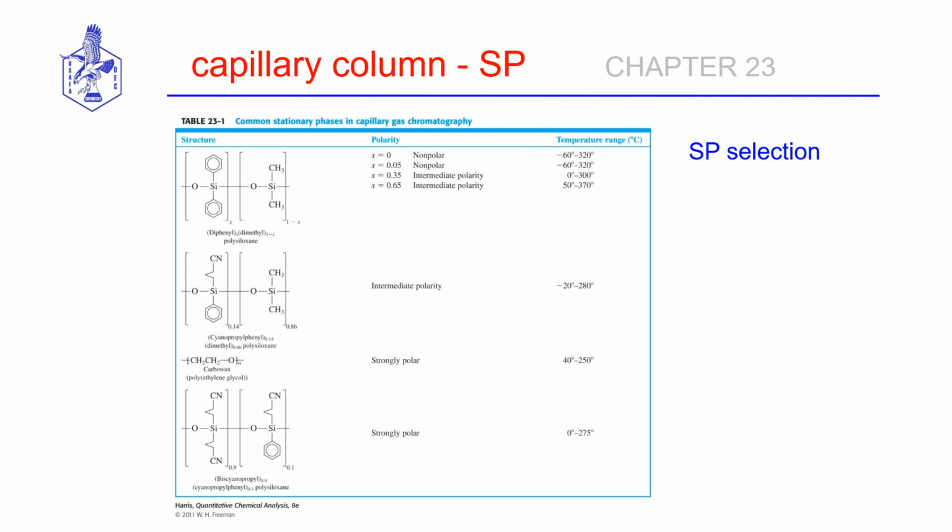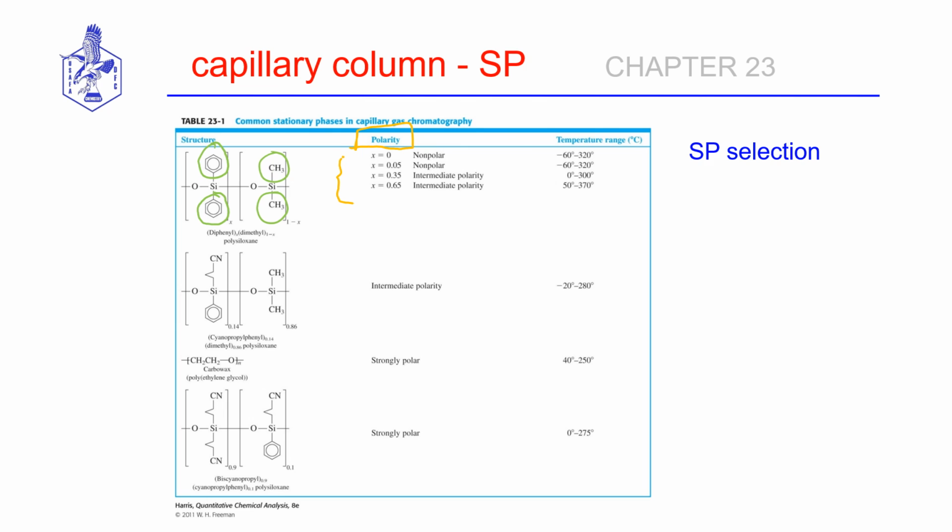Starting, in terms of polarity, with the least polar that we would use for our nonpolar and intermediate polar solutes, we are looking at diphenyl dimethyl polysiloxane. So you've got phenyl groups bonded onto some of the silica atoms, and then we've got methyl groups. Methyl being nonpolar, phenyl being slightly more polar due to the benzene rings.